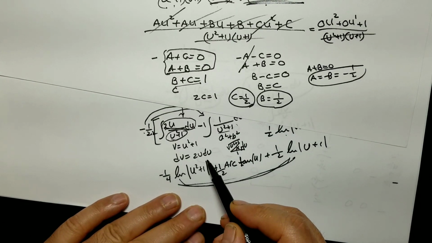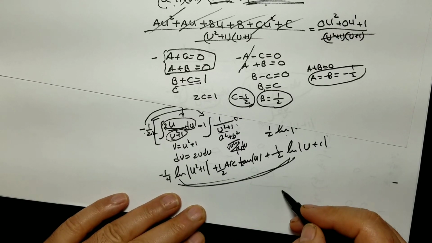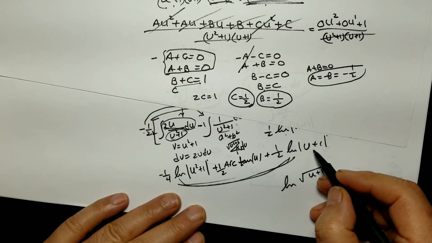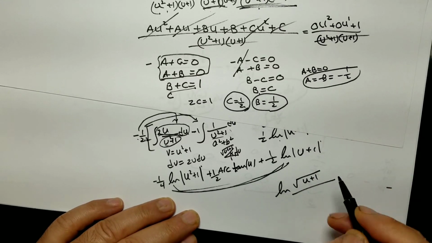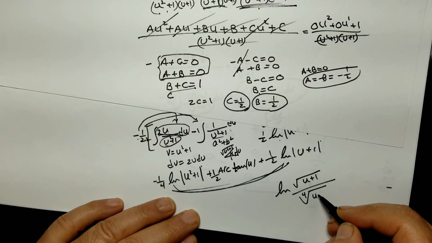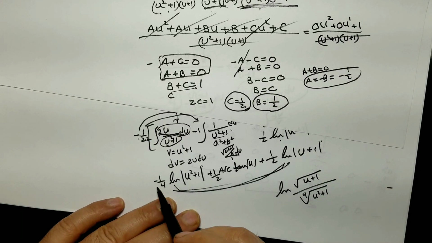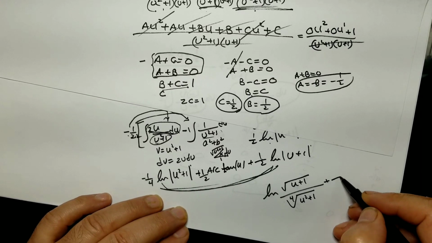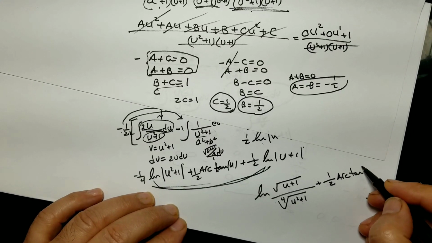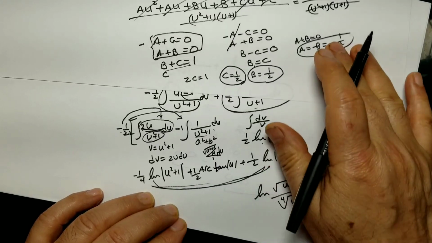Move the 1/4 in here, move the 1/2 in here, put natural log of the square root of u plus 1, because that's making it a square root. On the bottom, that becomes the 4th power, the 4th power of u squared plus 1. Negative, it comes on the bottom, plus 1/2 arc tangent of u plus c.